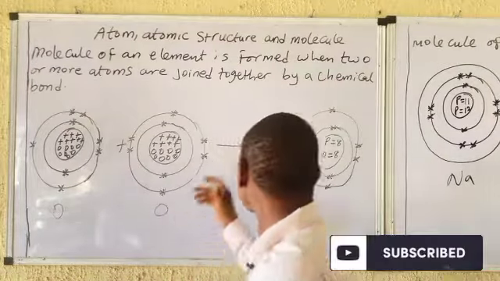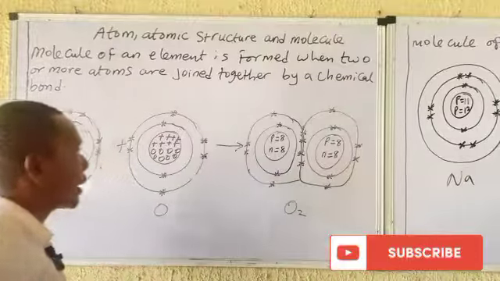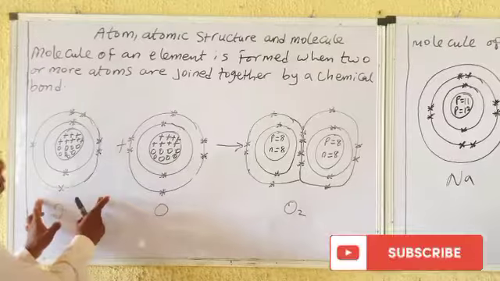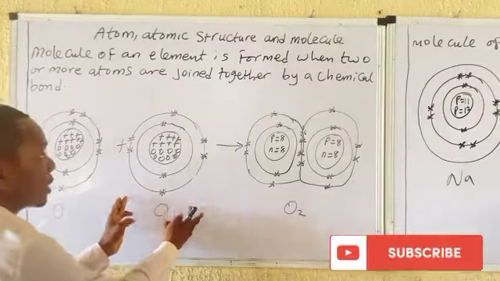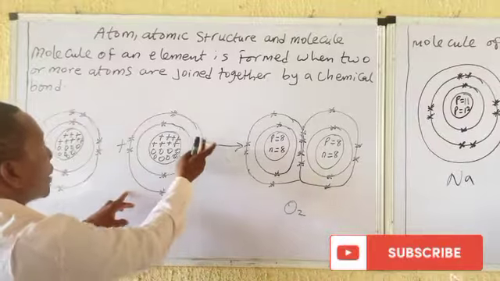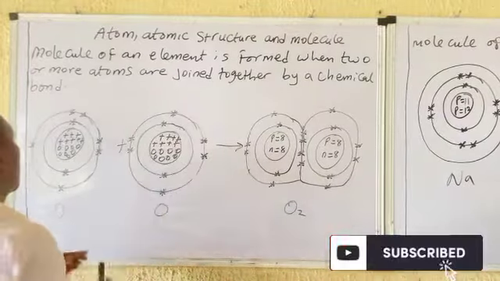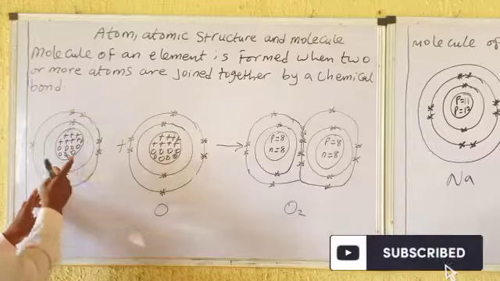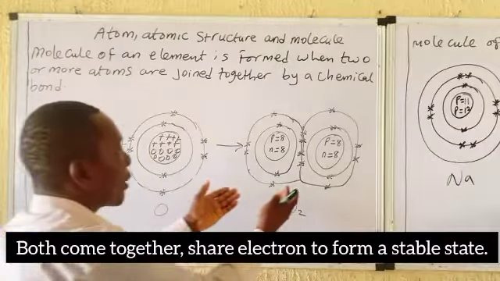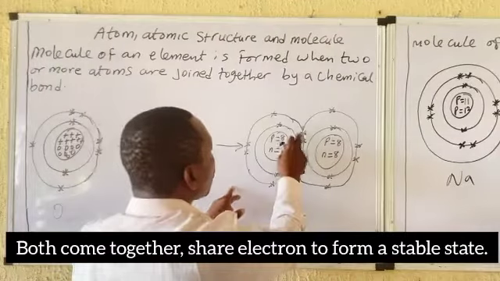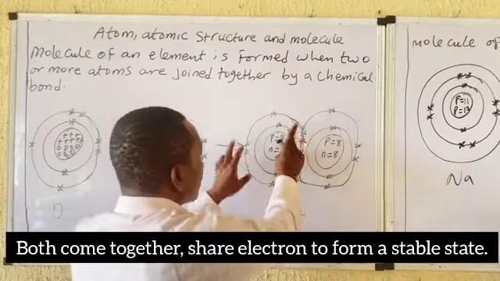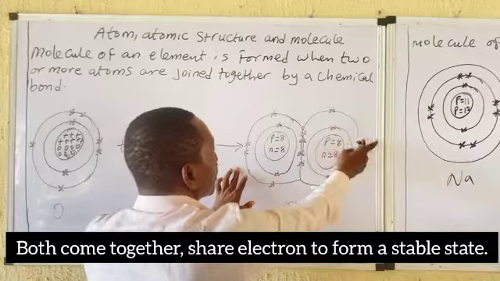How do they do that? Now, remember, this is present in an unstable state, and this is present in an unstable state. This has 1, 2, 3, 4, 5, 6, and this has 1, 2, 3, 4, 5, 6. Both of them now come together. The first one contributes 2, and this contributes 2.